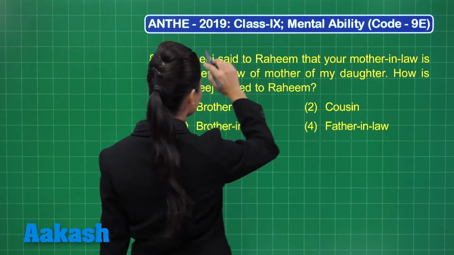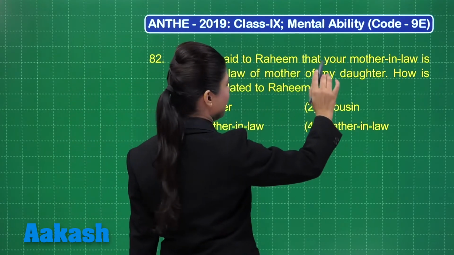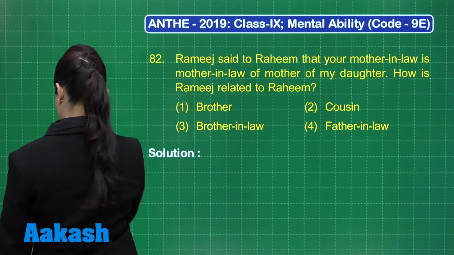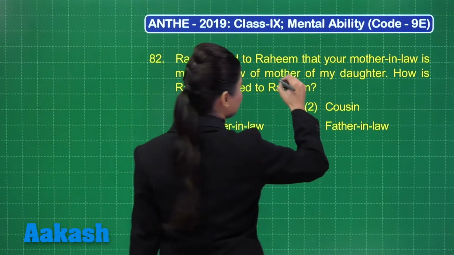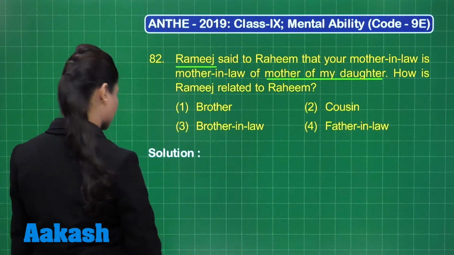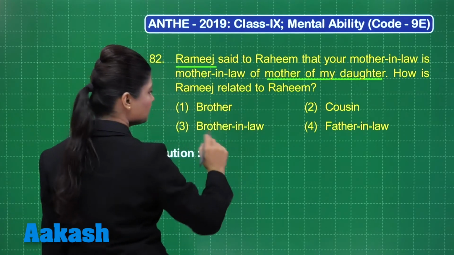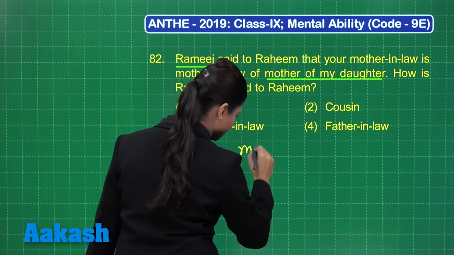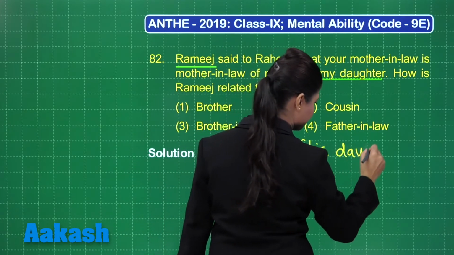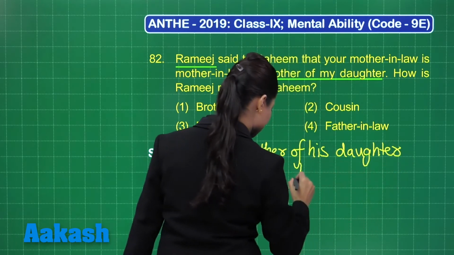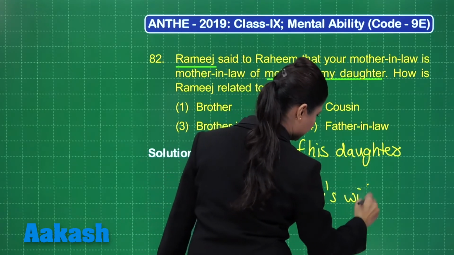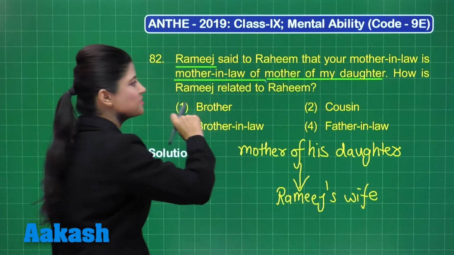Firstly, we are talking about Ramesh, and Ramesh said to Rahim something about his daughter and the mother of the daughter. The mother of the daughter of Ramesh will basically be the wife of Ramesh. He is talking in reference to the mother-in-law of the mother of my daughter.